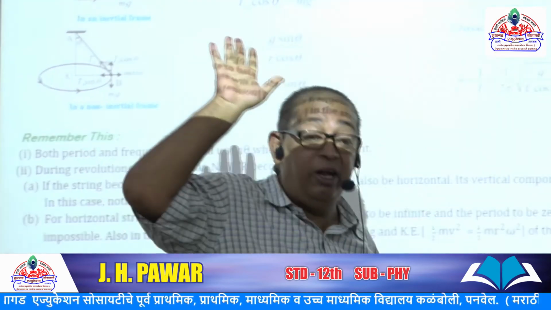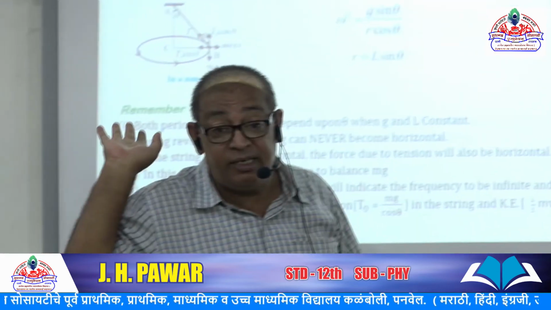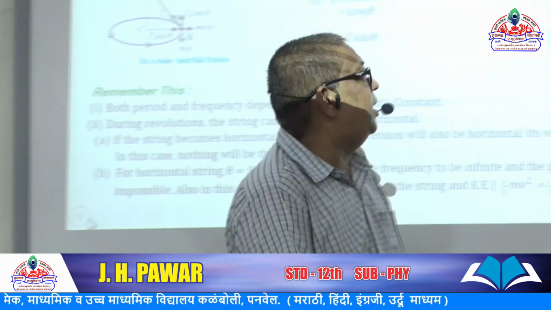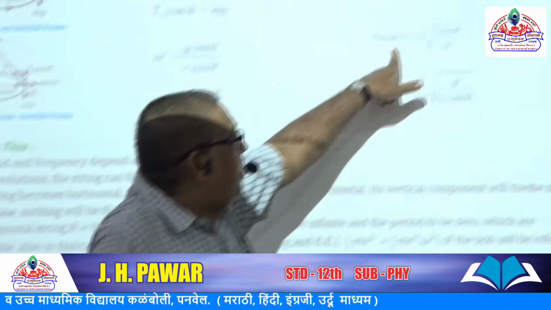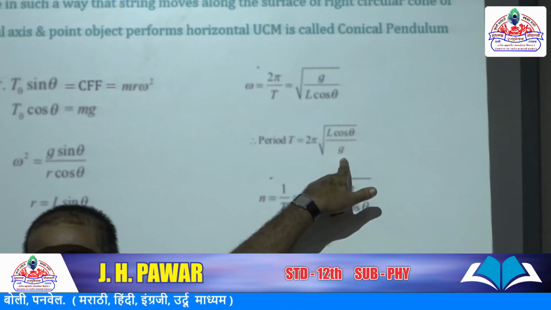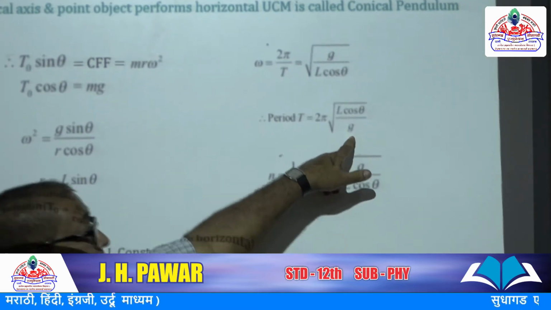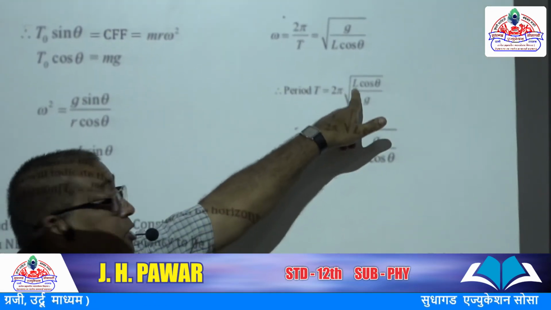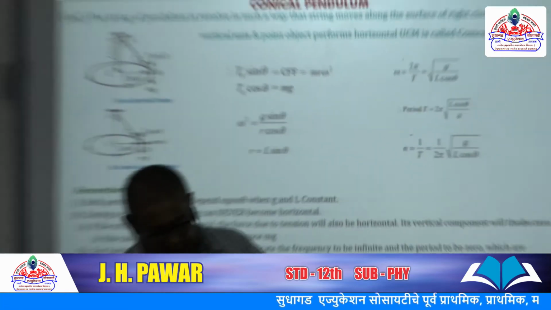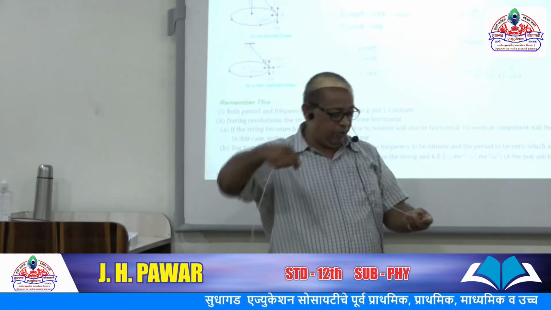Infinity means a very long time, so it does not oscillate or revolve. Another aspect: the period of the pendulum depends on G, but at any place we assume G is constant. Another thing, the period of the pendulum also depends on the length. Look here, suppose I take this conical pendulum like X.